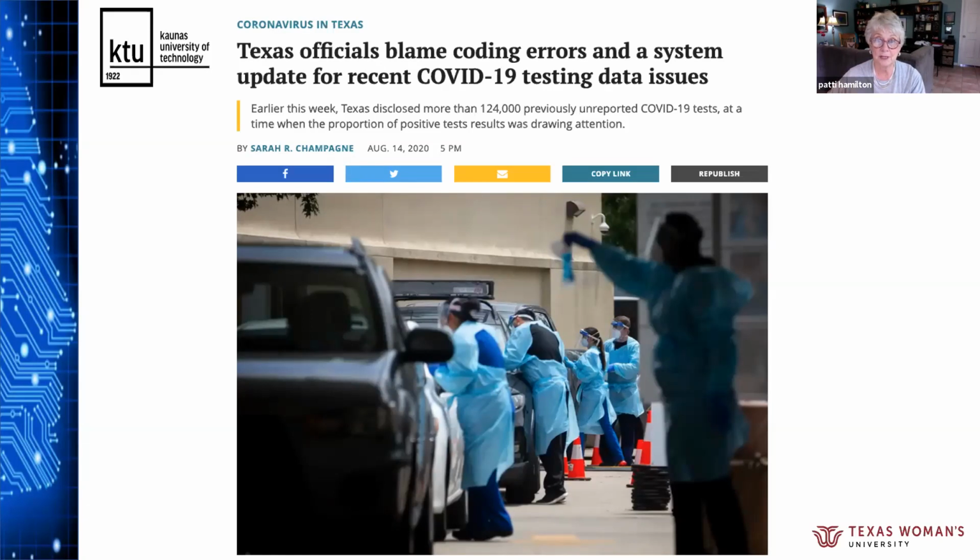We've had coding errors and system failures, and it has slowed us down and allowed the virus to spread when it could have been prevented. And so we are very much aware of our challenges ahead. So it makes this opportunity to think deeply about informatics for me a valuable one, and I hope it will be for you as well.